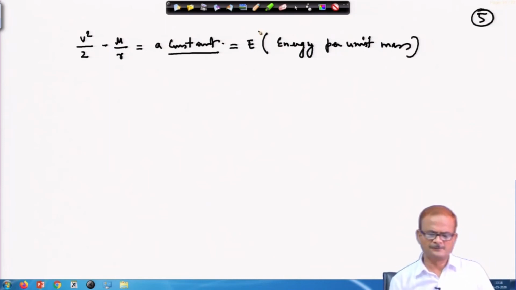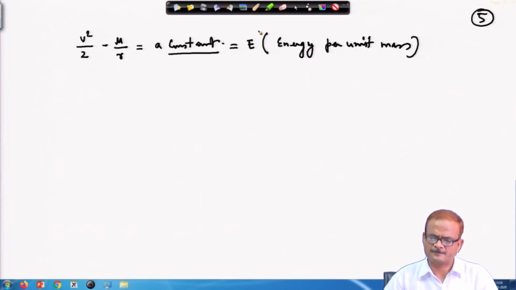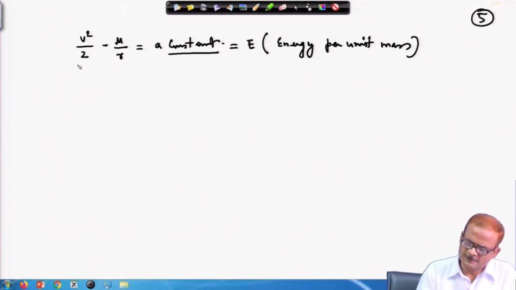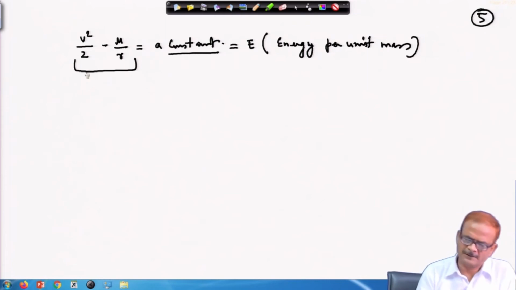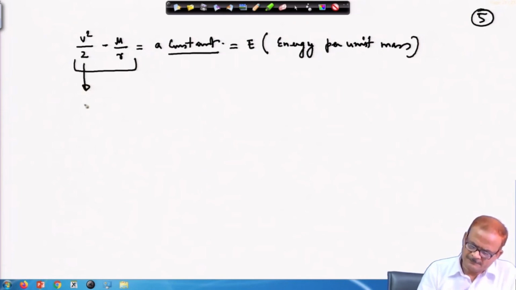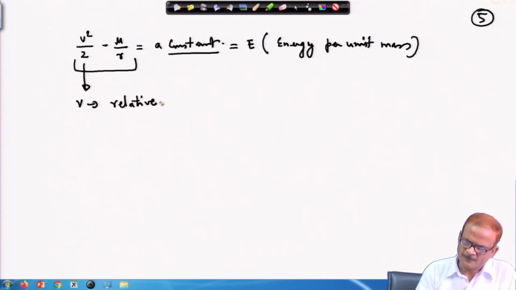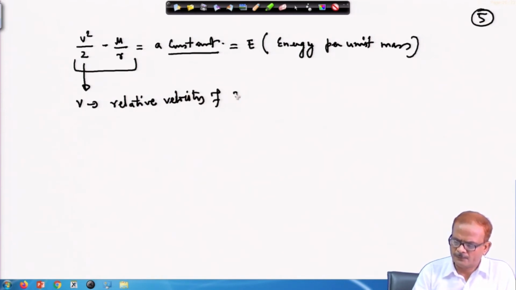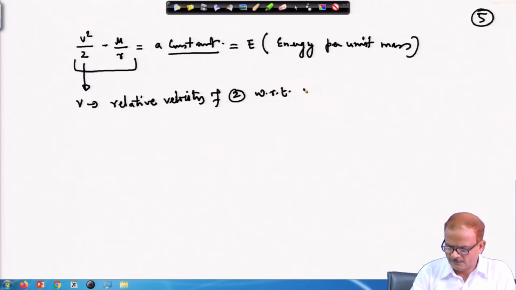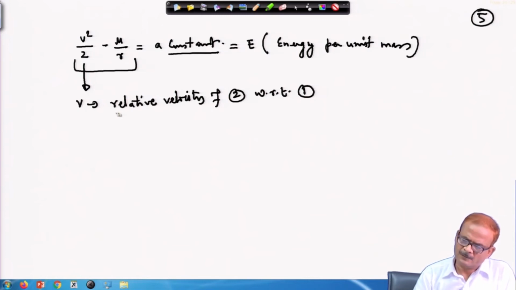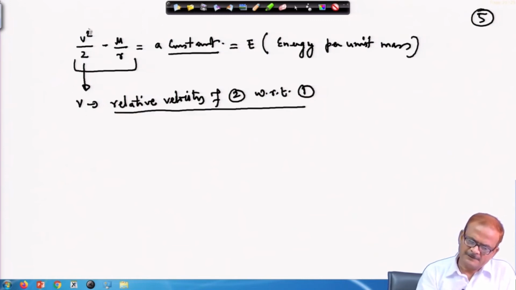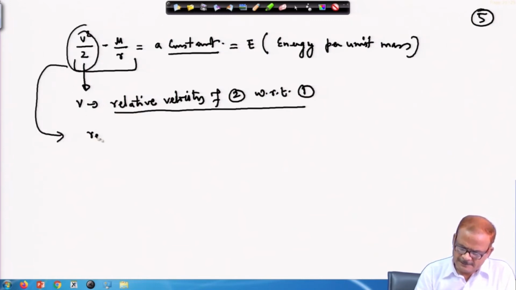We can write this as E or E prime, the symbol we use. So, this is the energy per unit mass. It is very important to consider what exactly they are implying. This v is the relative velocity of 2 with respect to 1, and therefore this term is indicating relative kinetic energy.